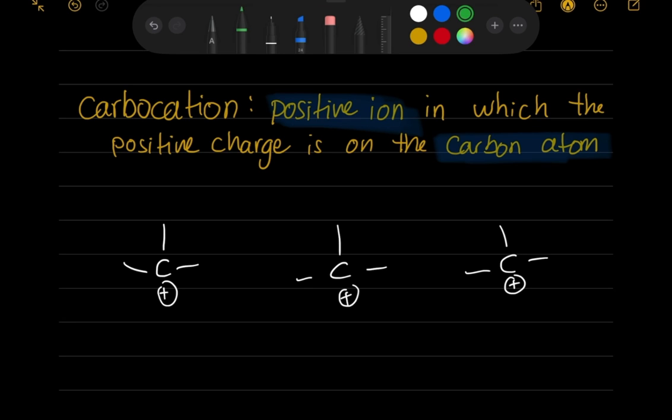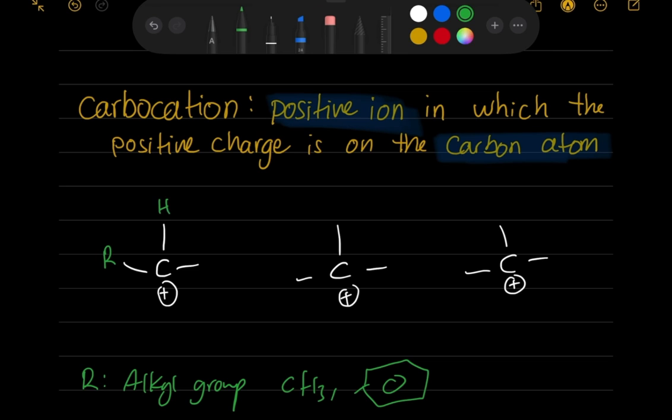In this case, we're supposed to represent the alkyl group as R. R represents an alkyl group, like CH3, or let's say hydrocarbon compounds. So we could have one R group in here and the others are hydrogens.